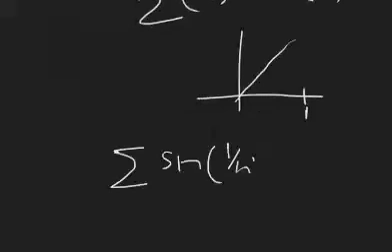So we can conclude that the above power series, the sum of sine of 1 over n squared times x^n, is convergent in this interval.